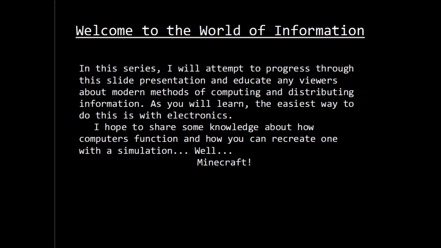And you're going to learn that the easiest way to do this is with computers and electronics. So what I want to do is share some of my own knowledge about how computers function and how we can make one with a simulation. Well, I say simulation, but really I mean Minecraft.